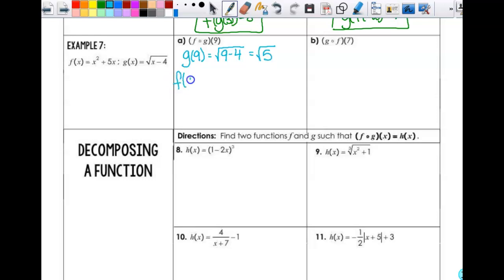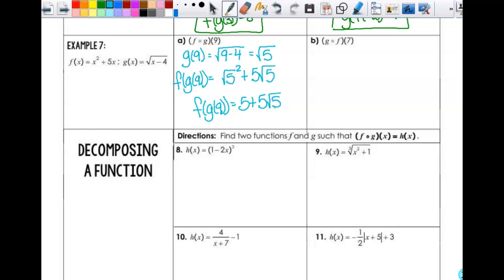So then f of g of 9 would be the square root of 5 squared plus 5 square root of 5. What's the square root of 5 squared? 5. So f of g of 9 equals 5 plus 5 square roots of 5.